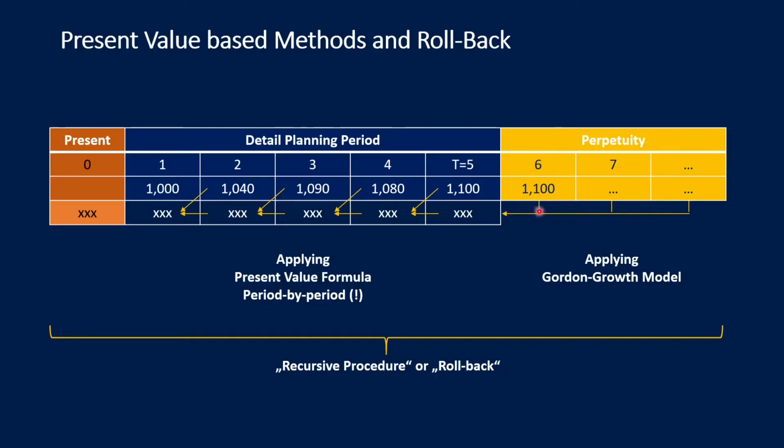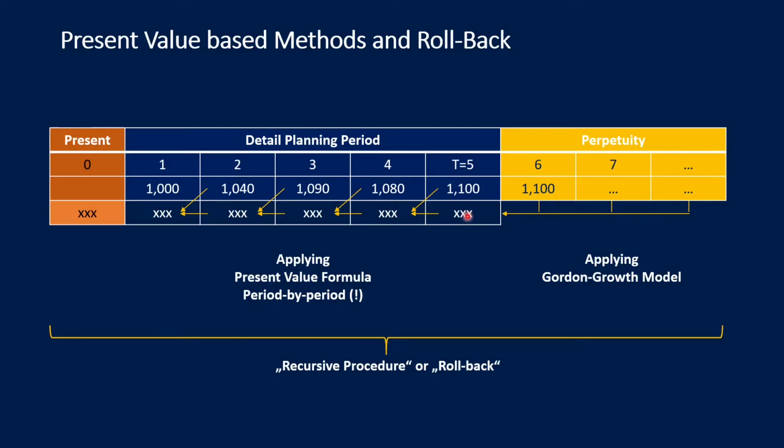So then we can use the perpetuity or the Gordon-Growth model to find the value of the perpetuity in period 5. So we see this arrow here, and we then have a present value of the perpetuity or of the growing perpetuity in period 5.